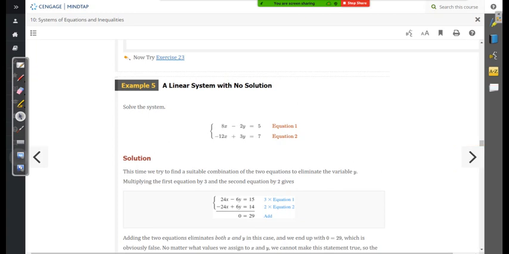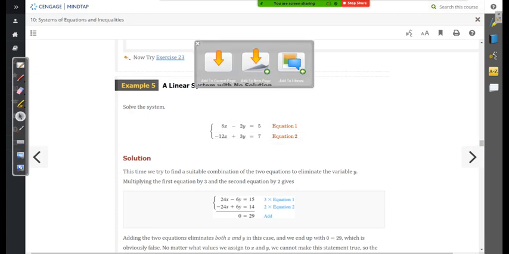So that was a system of linear equations with one solution, which would be our fourth example of it, right? Now we're going to do one with no solution, and a linear system with no solution, as we saw before, would basically be two parallel lines. Now, the thing is, looking at this, you might not be able to tell if they're parallel lines. So that's why we have to do this system of linear equations.